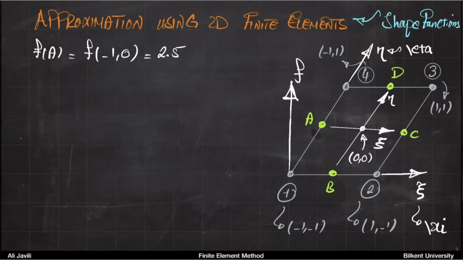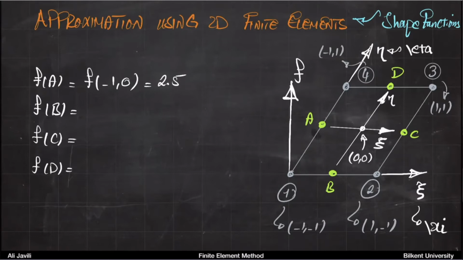And what we have now is the value of that function at 4 points, which are A, B, C, and D. And by the way, pay attention that everything that we do here is an example.